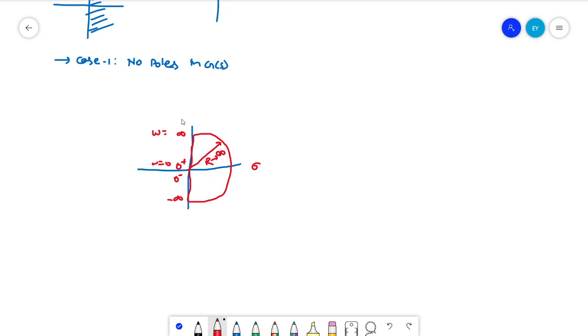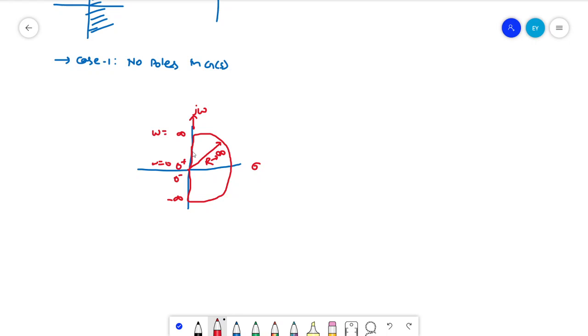So the whole right hand side plane. Okay, so the real axis and the j omega axis, this is j omega. If you are not having any poles, we would be dividing this whole contour into 4 parts based on the pole location.